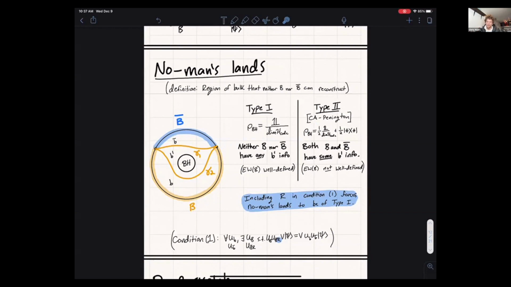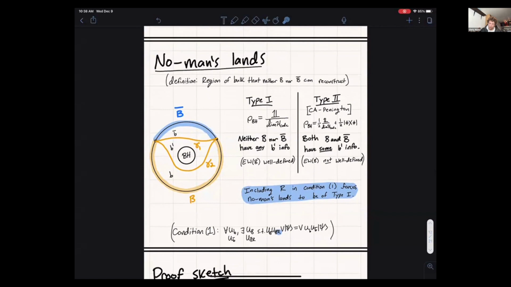It's not that both have none, it's that both have some, so the other one can't reconstruct it. And in this case, the entanglement wedge of capital B is just not well defined. For example, if you tried to compute the von Neumann entropy of capital B, it wouldn't be given by the generalized entropy of any particular bulk subregion. You might want it to be the generalized entropy of little b, but it will also know something about little b prime, so any entropy in little b prime will contribute to the entropy of capital B.